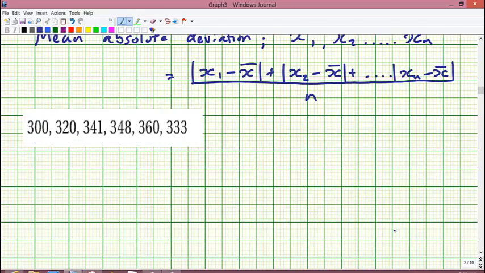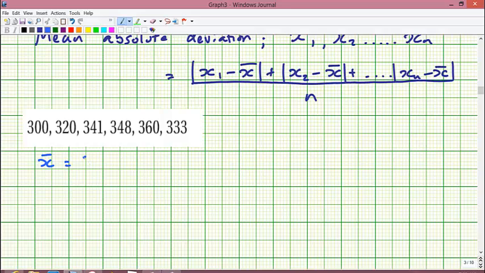So we're just going to take the data from the last question, question 8 that we just completed, and we're going to try and calculate the mean absolute deviation of this. The first thing we need to do is to work out what the mean is.